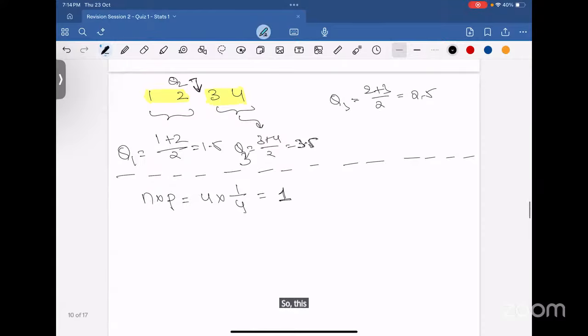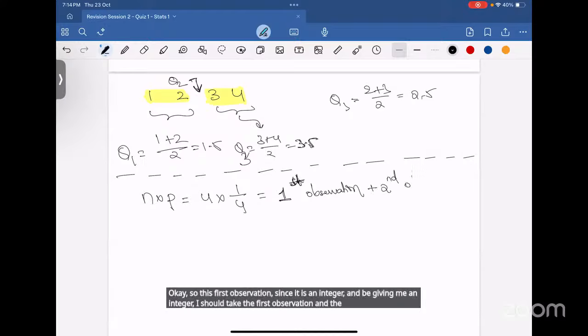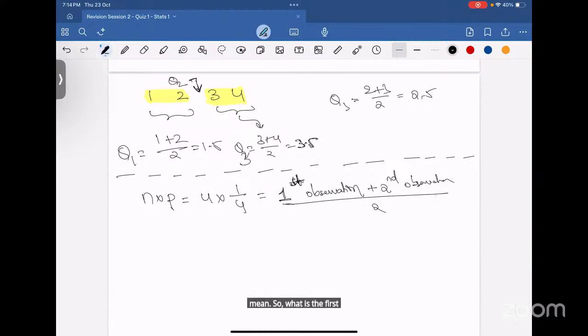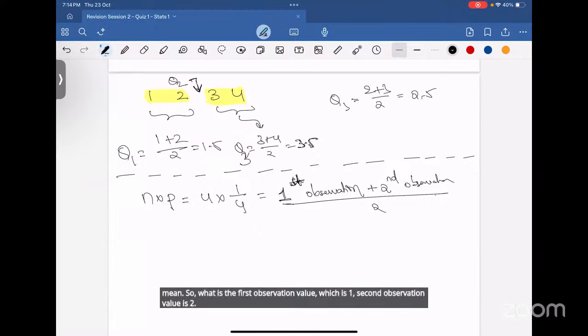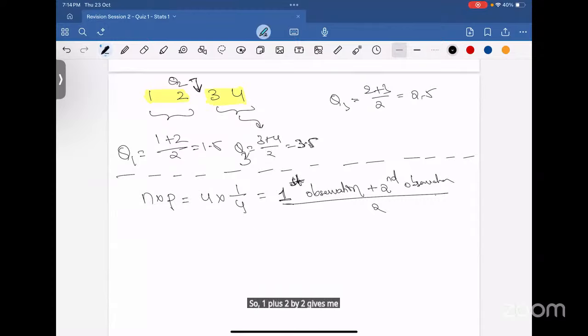So this 1 is the first observation, so I should take the mean of the first and second observations. The first observation value is 1, the second observation value is 2. So 1 plus 2 by 2 gives me 1.5, which will be Q1. Even by formula or by the shortcut, Q1 is 1.5. Now compute Q3 using formula.